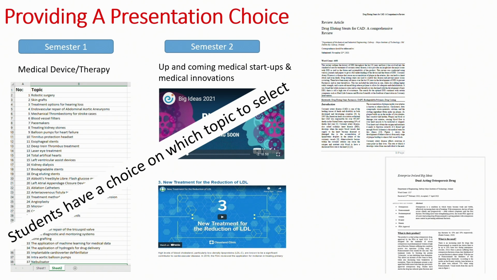The students were provided guidelines and a rubric on how to write a review article, and these are two examples of students' review articles.